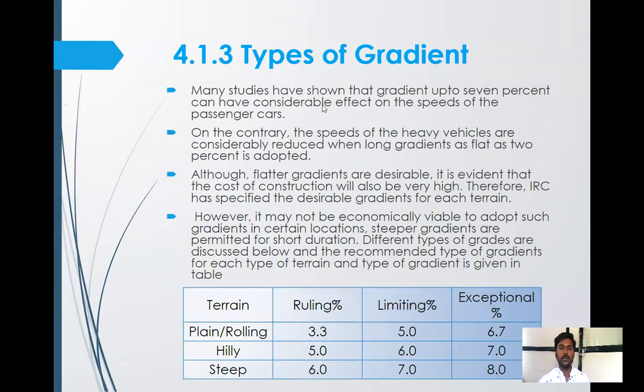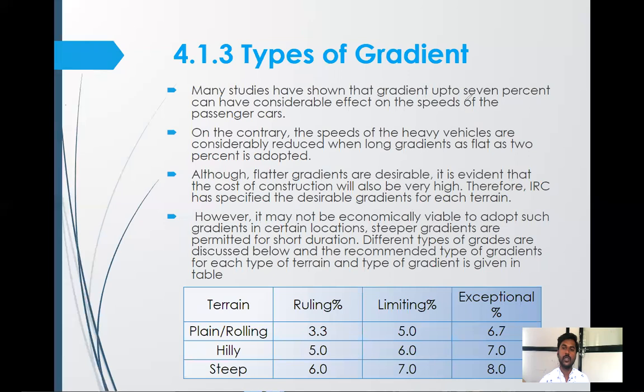Many studies have shown that a gradient up to 7% can have a considerable effect on the speed of a passenger car. By various studies, they have understood that we can go up to 7%. This is okay for passengers.